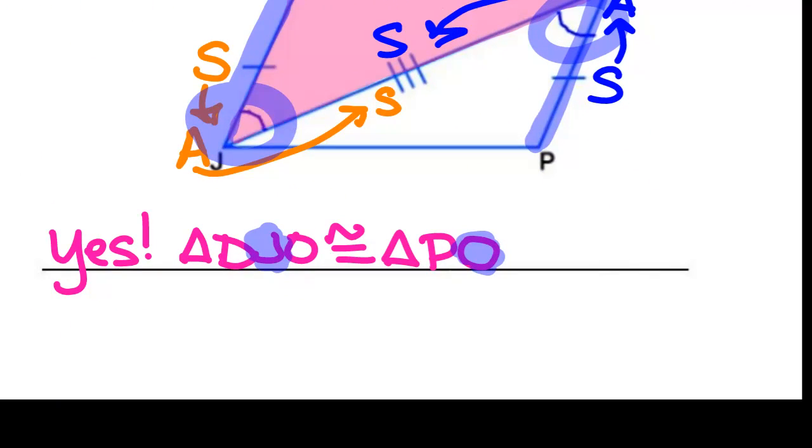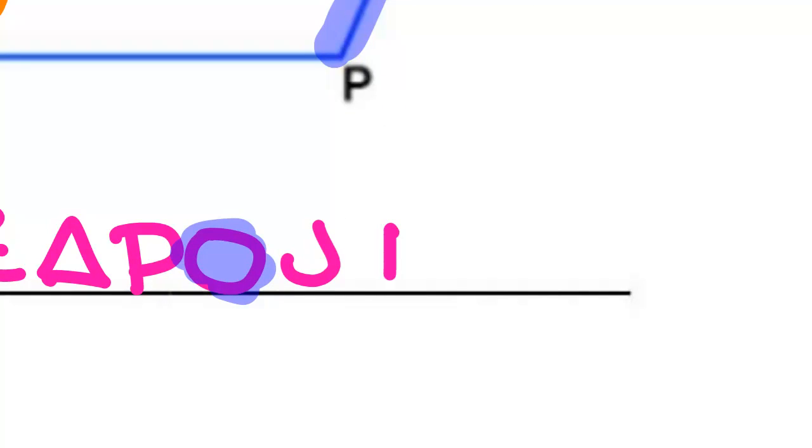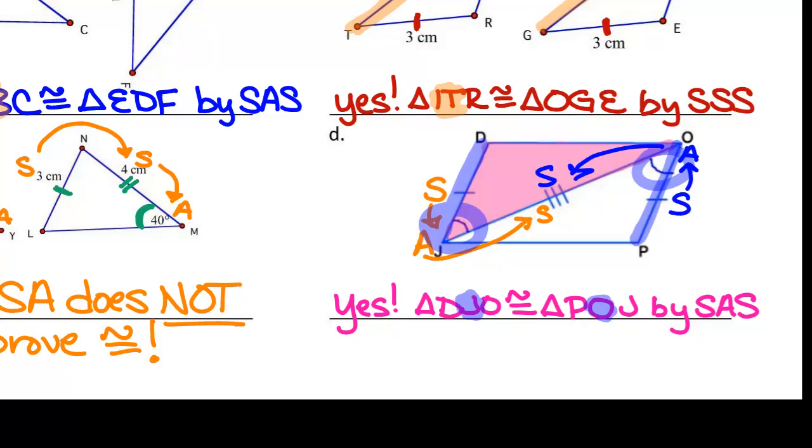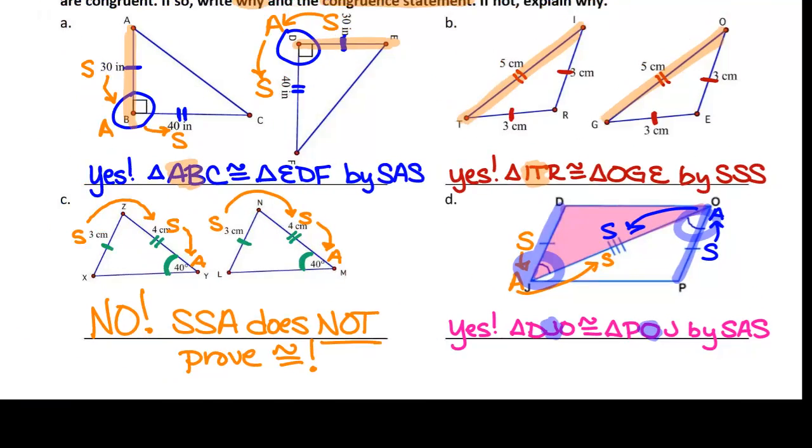So it'd be POJ. Thank you. And we would say that these two triangles are congruent by what? What did we use here? SAS, side angle side. Very nicely done.